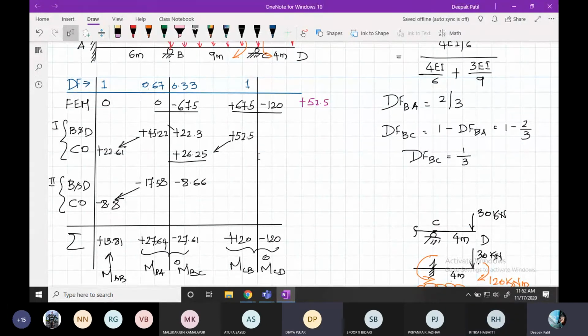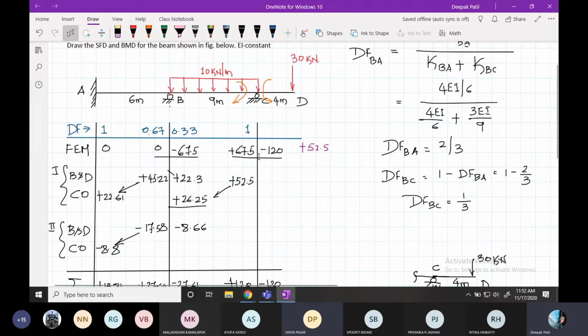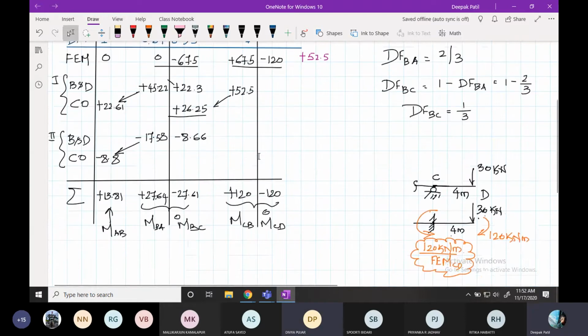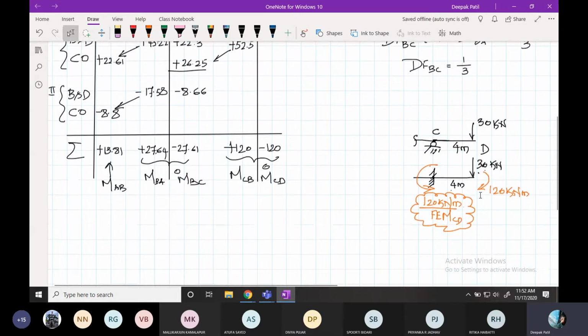See here, this is your overhang. This 30 kilonewton at C is actually causing a positive moment of 120 kilonewton meter.